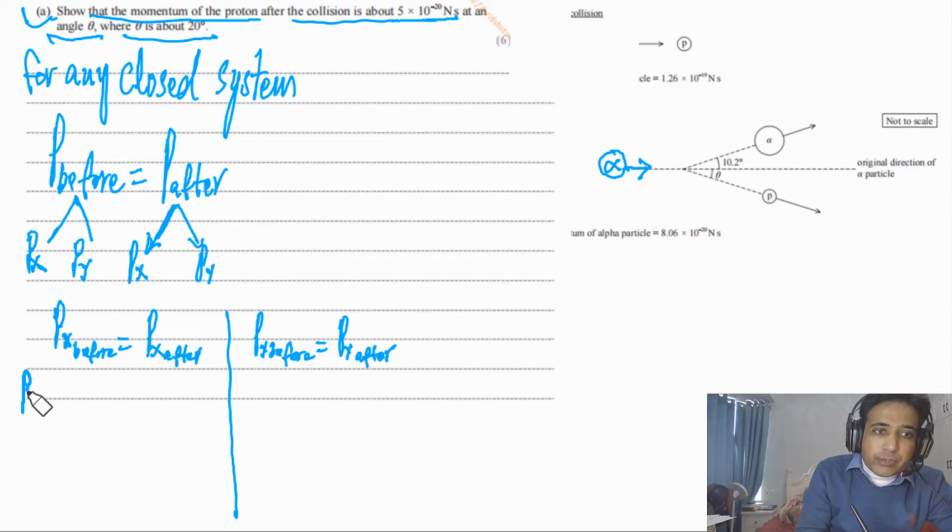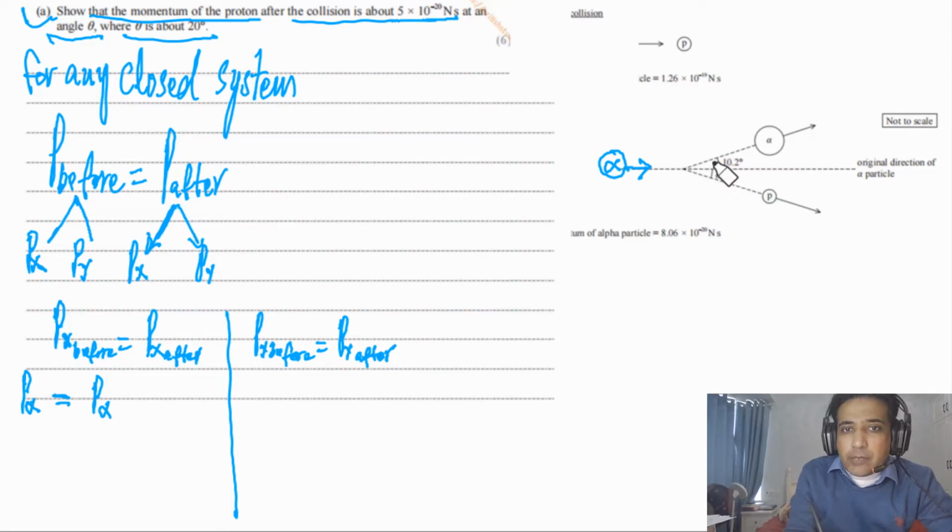So we can write here momentum of alpha particle before. This has to be equal to momentum of alpha particle after, because after collision alpha particle is moving along this direction, it has 2 components. So we can use arrows for that. It has 1 component along x-axis and it has 1 component along y-axis.